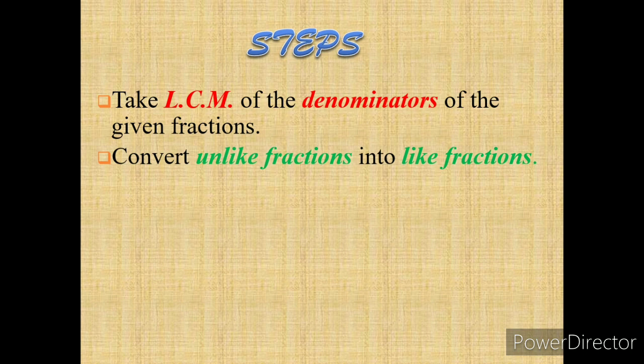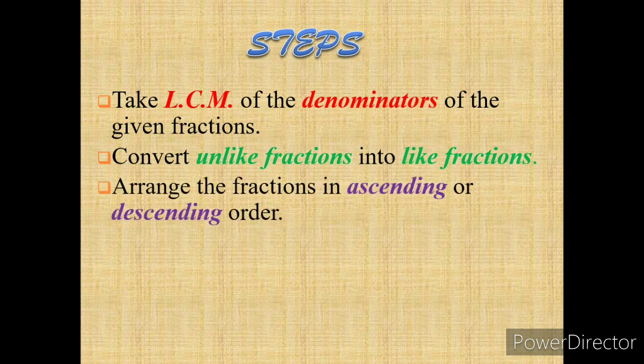Unlike fractions are the fractions with different denominators, and like fractions are the fractions with same denominators. So you will convert the unlike fractions into like fractions, which means you will make the denominator same. Next, final answer, that is arrange the fractions in ascending or descending order.